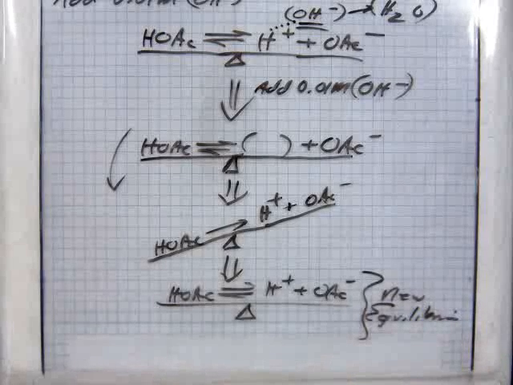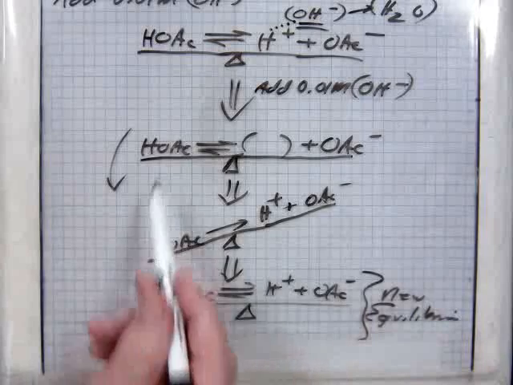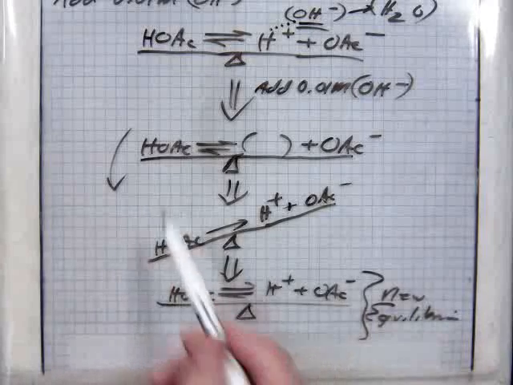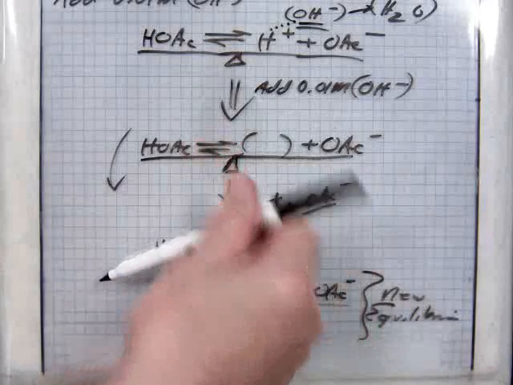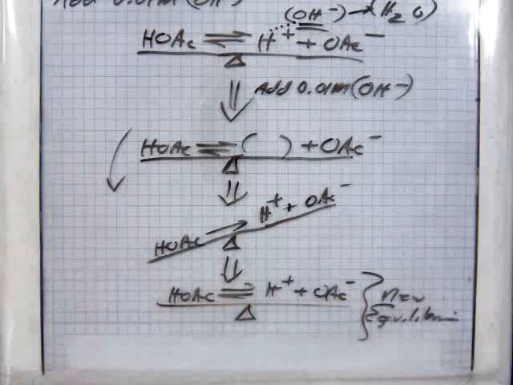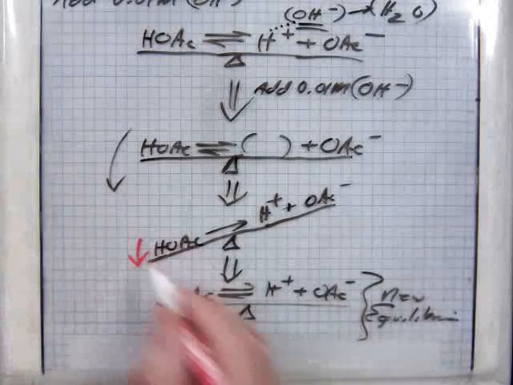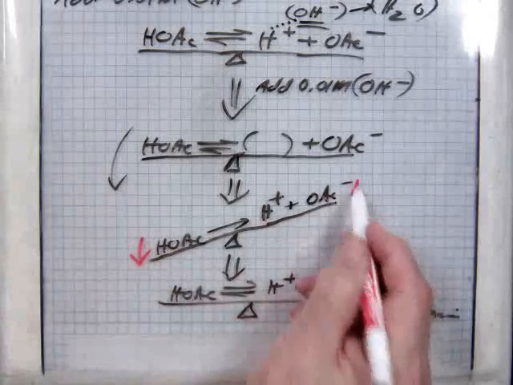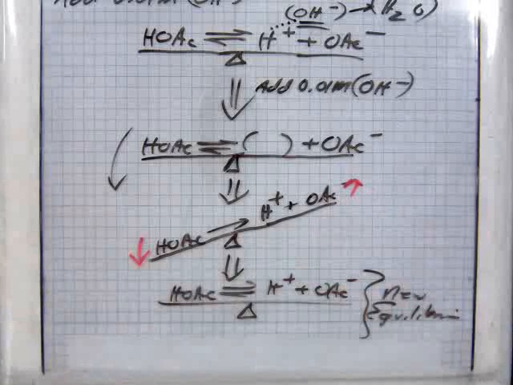Now, what happened in the transition here? Well, if we tilt left and shift back to the right, then this is going to go down in concentration. The acetic acid goes down in concentration, and your acetate is going to go up in concentration. So that's how you have to apply it in the change.